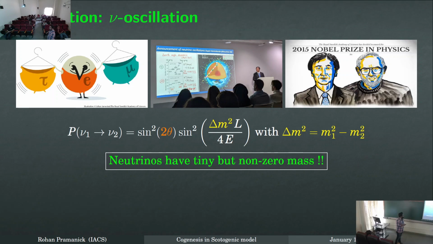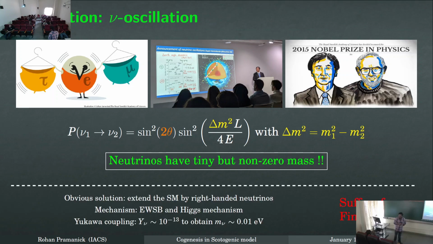Now, you can incorporate neutrino mass within the context of the standard model by the same mechanism of electroweak symmetry breaking. You just have to add three copies of right-handed neutrinos, and you can say that the neutrinos obtain their mass in a similar fashion like other fermions do. But in that case, you have to tune the Yukawa coupling so much that you obtain a number like 10 to the power minus 13, to obtain this kind of neutrino mass, which is at the sub-eV scale.